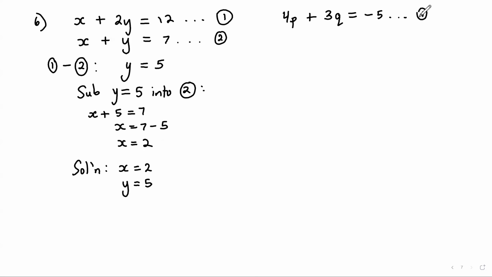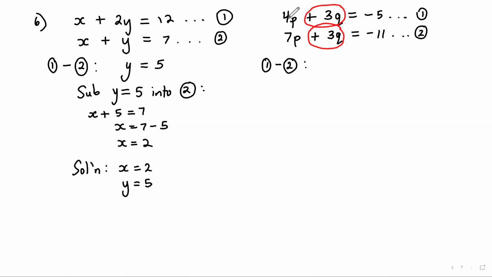And then 7p plus 3q is equal to negative 11. And that is my second equation, right? So the variable I am eliminating is q, because in both equations it's the same coefficient for q. So I'll say equation 1, take away equation 2.